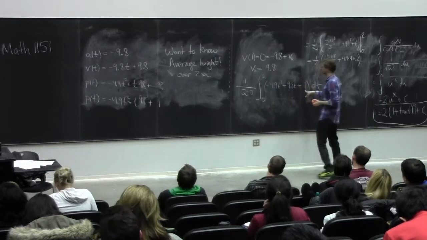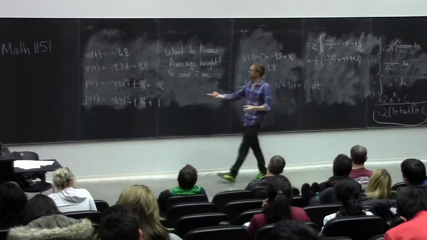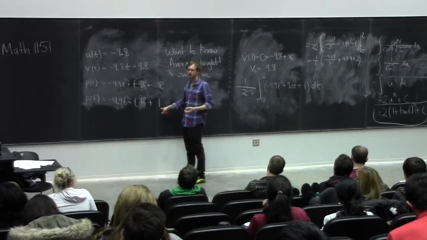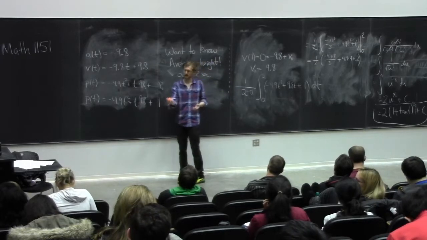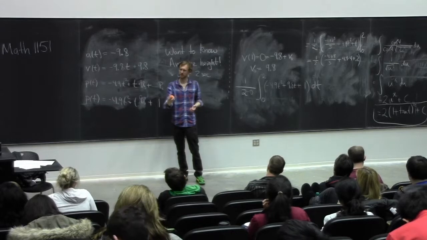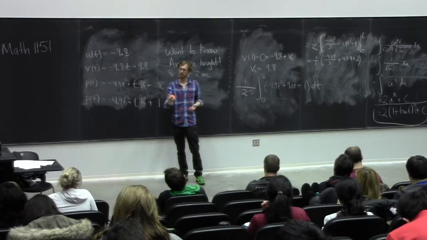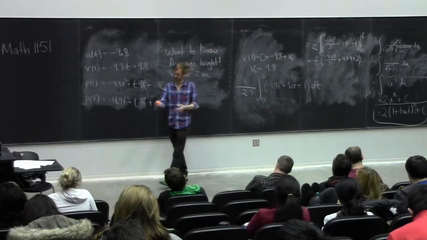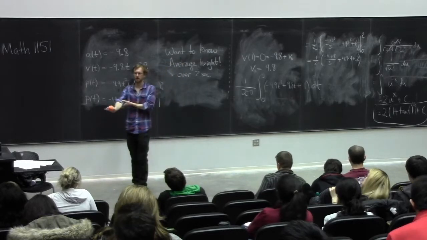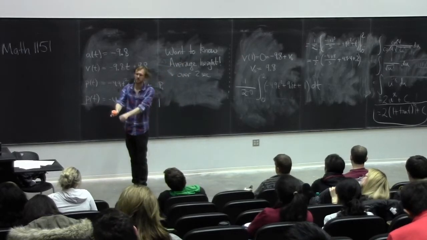This one is our P naught right here, and it's how high the ball is when you toss it up in the air. See how I'm holding the ball right here? This is supposed to be 1 meter off the ground. It's a little bit more.